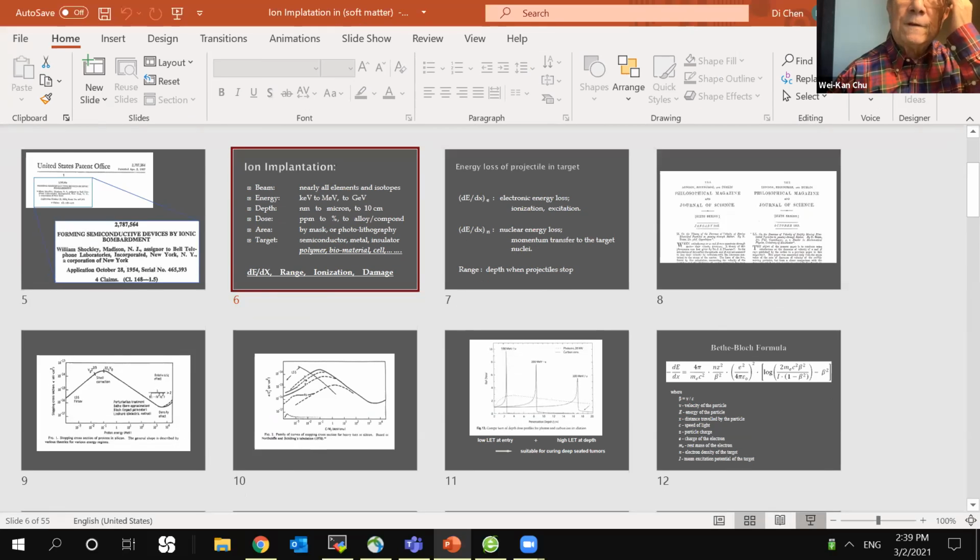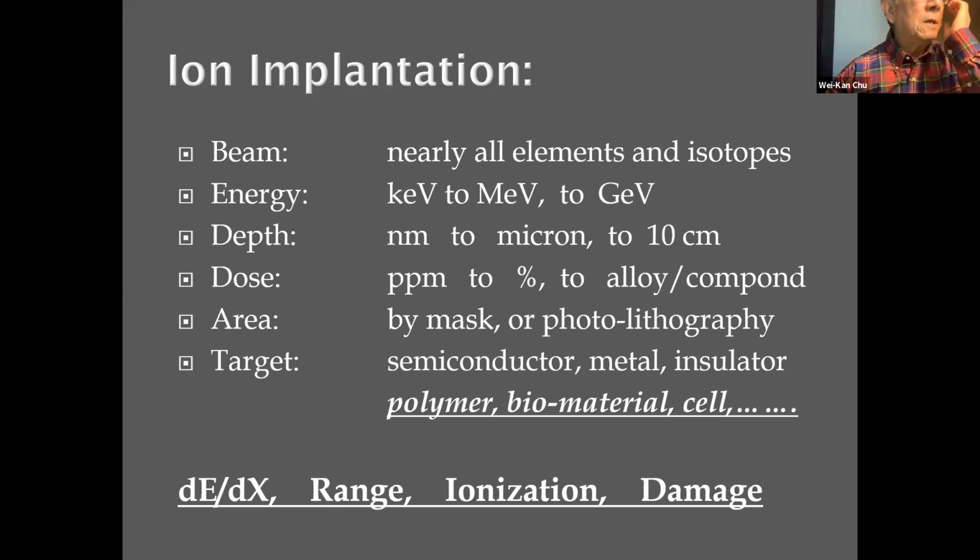The first is thinking about the area as like a window on your ceiling. You open this window, then the sunbeam will shine into the room. The window could be as small as a few nanometers, or as big as a few microns, or a few centimeters, depending on your application.